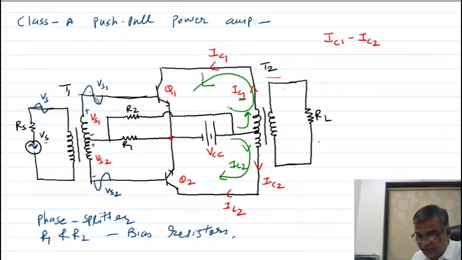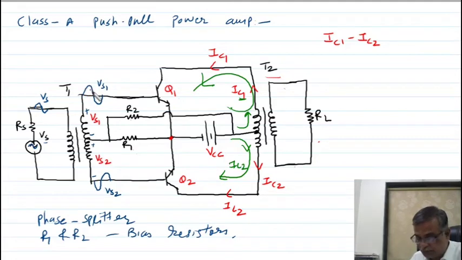When Vs1 is positive, the base of Q1 will be more positive, so the collector current will flow here like this.